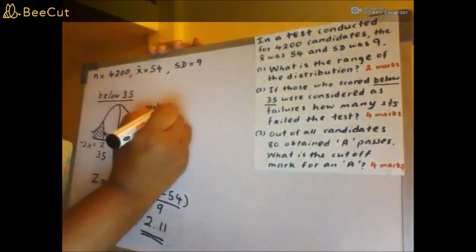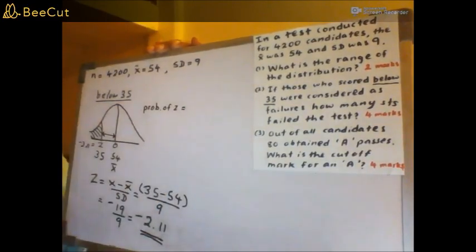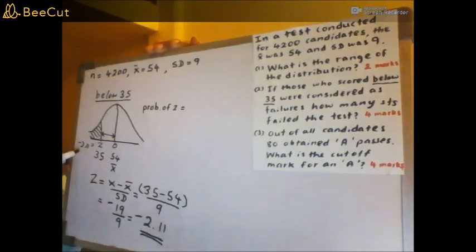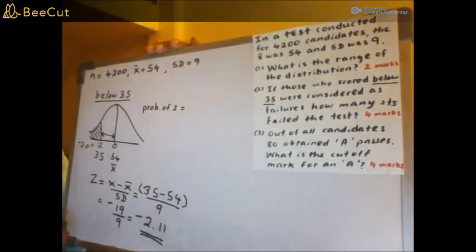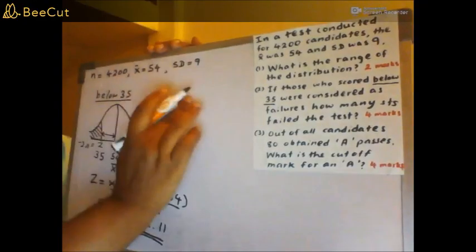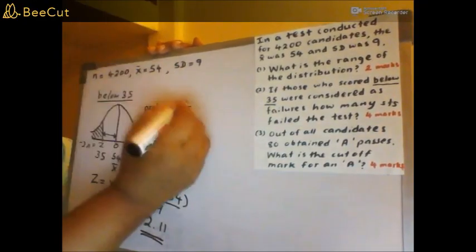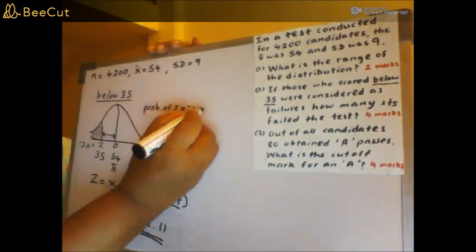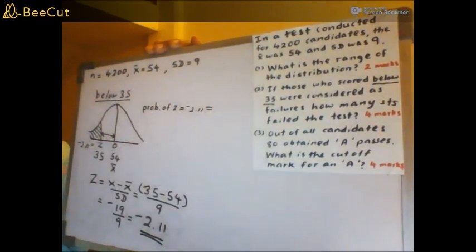Probability of Z. What's the probability of Z? Now we know 2.11. So what's the probability of Z equals minus 2.11? What's the probability? 0.4826.